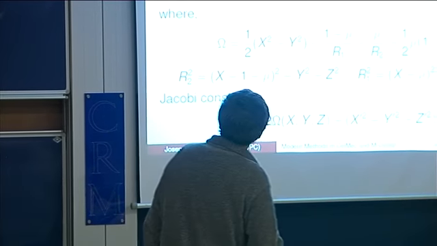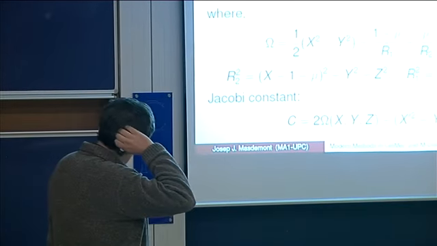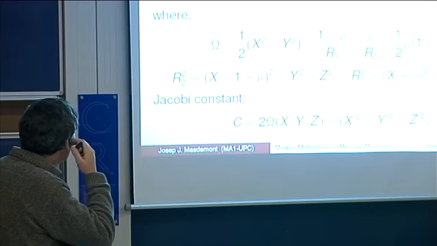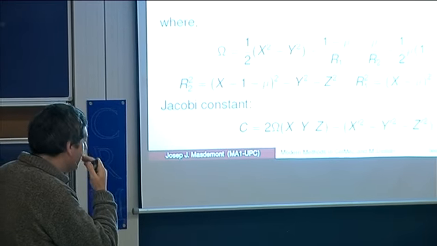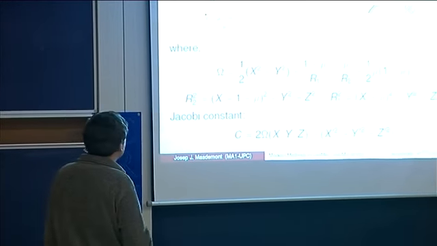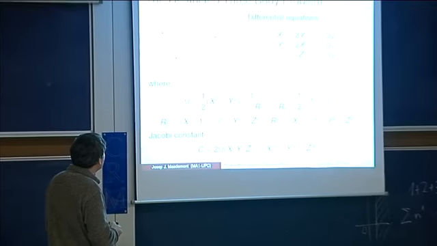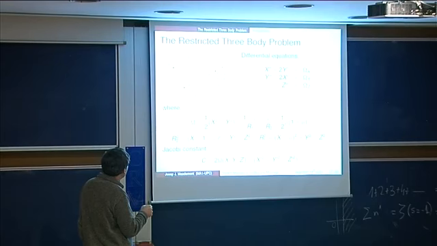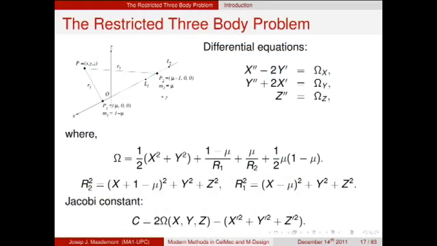So for this purpose, we consider the restricted three-body problem. The restricted three-body problem was essentially introduced by Euler in the 18th century, and Jacobi also did many computations with this problem. Essentially it considers the motion of a particle under the gravitational influence of two massive bodies, two main primaries.